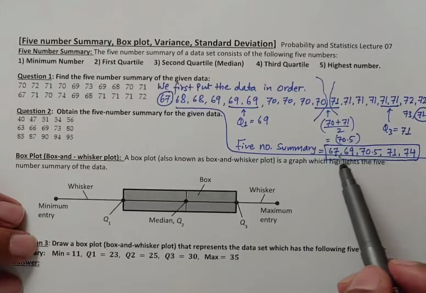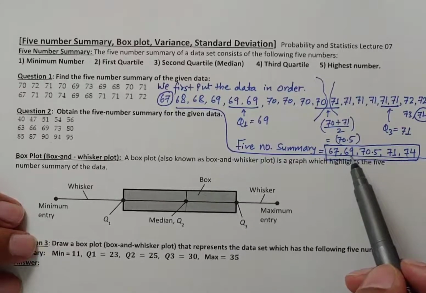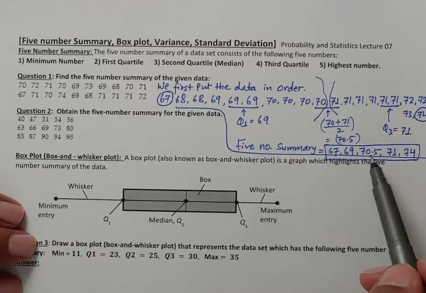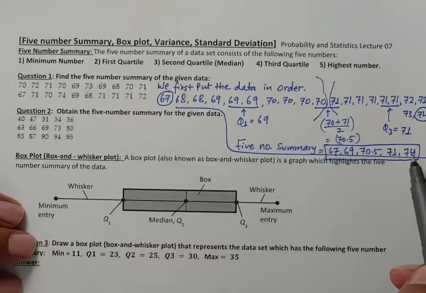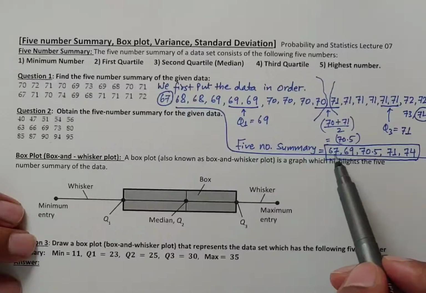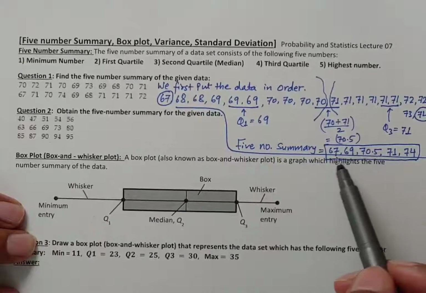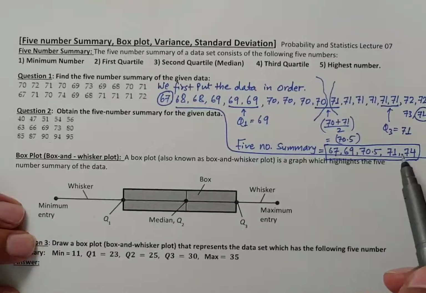First the minimum number, then the first quartile, then the median, which is the second quartile, then the third quartile, and then the maximum number. So don't put, like, 67 and then 71 and 69. They have to be in increasing order.